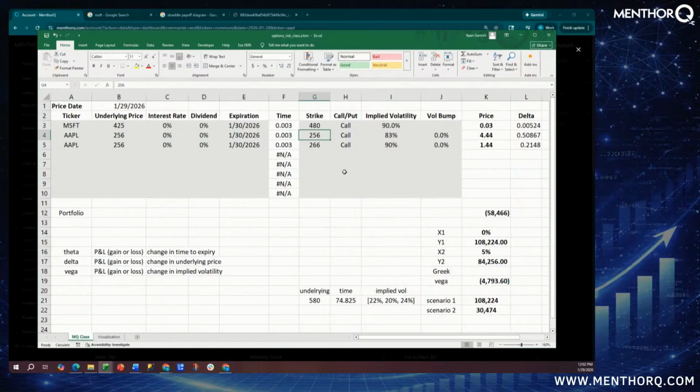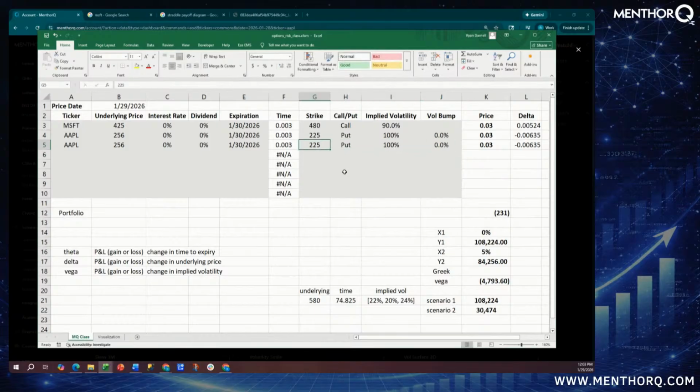So we could put in... So that's a pretty small, 225.